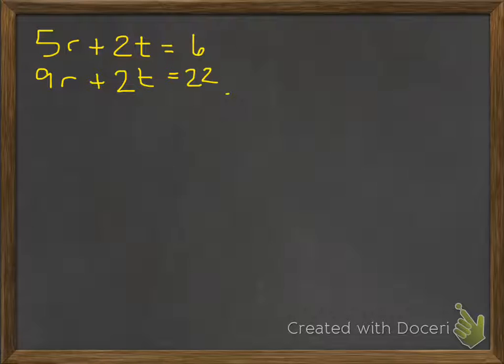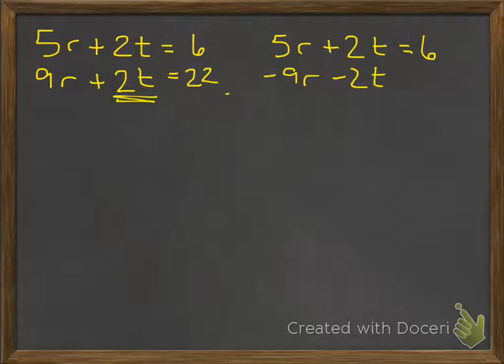I usually like to make the bottom one negative, but again, it does not matter. But if you make that one negative, you need to change the sign of the whole equation, not just the 2t. So instead of positive 9r, negative 9r, minus 2t equals negative 22.